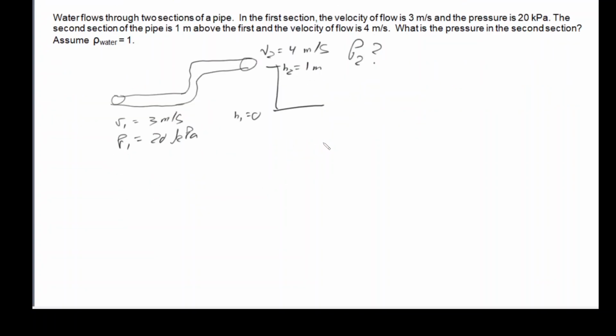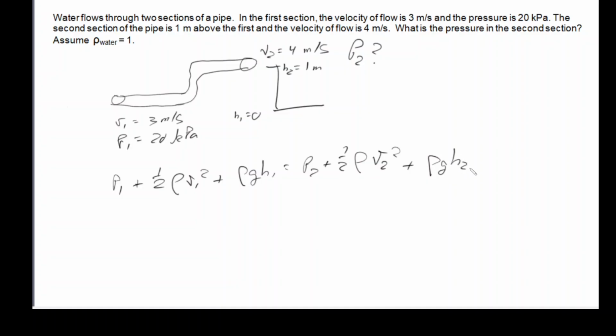So let's write that out. That's P1 plus 1/2 density times V1 squared plus rho G H1 equals P2 plus 1/2 density times V2 squared plus rho G H2. So let's put our numbers in.